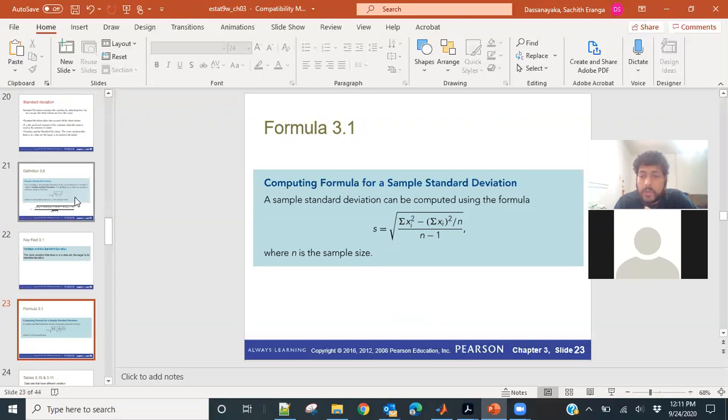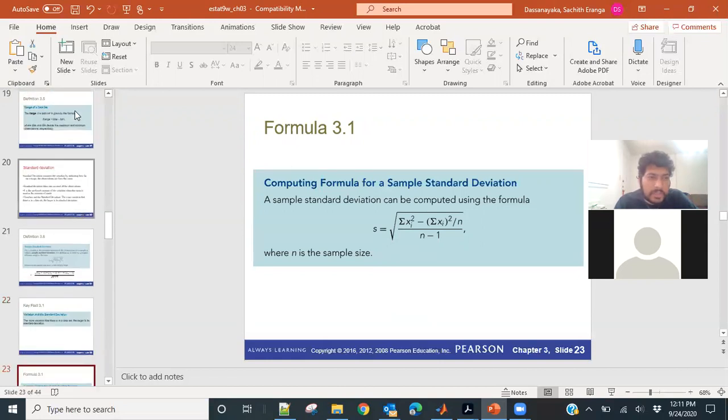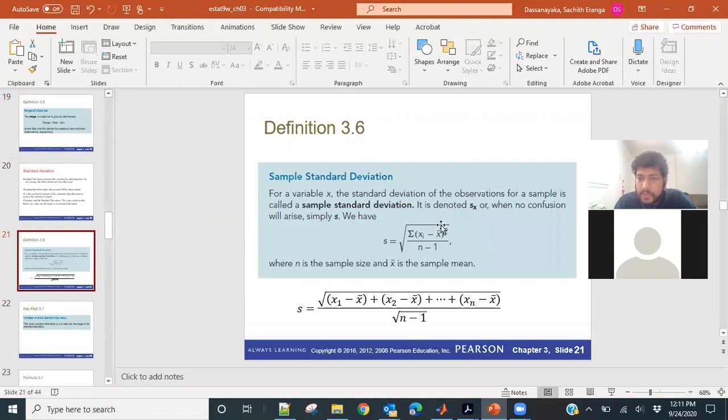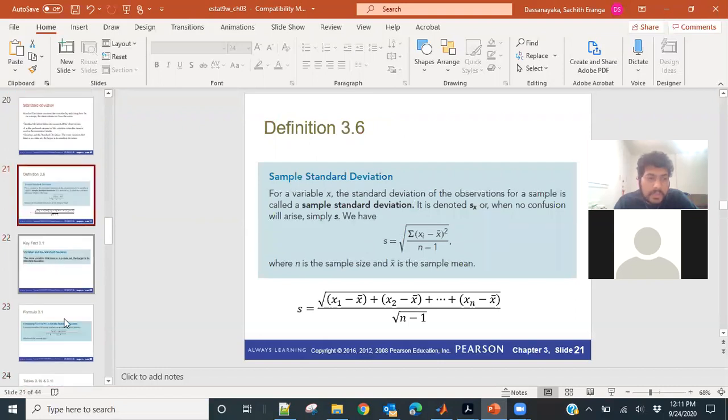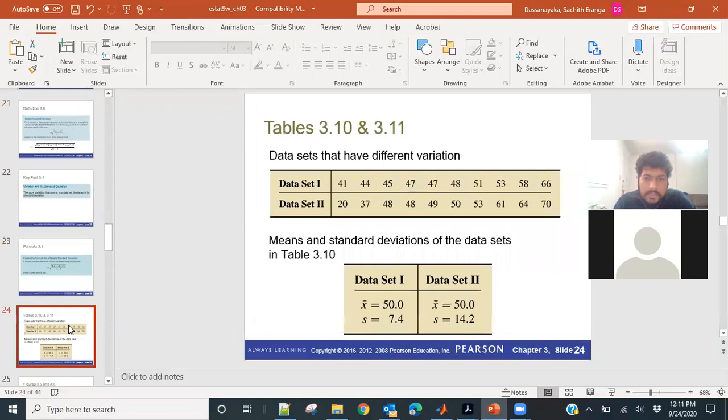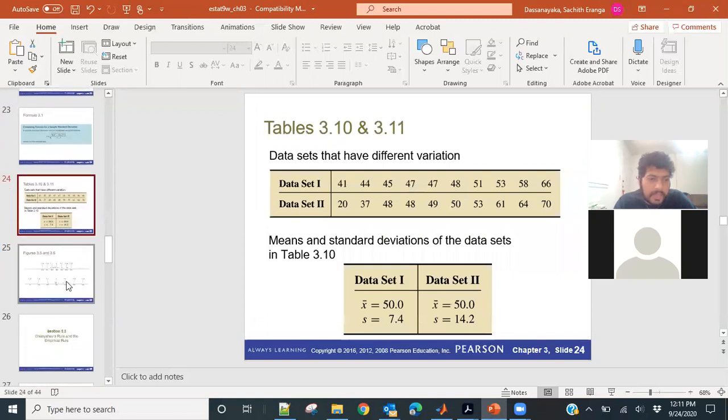In your notes, there are two separate formulas to find the standard deviation. This one I already explained to you, and there is another formula which has been derived from this one. So they are the same. You can use whatever you want. Okay, this is the standard deviation and mean.